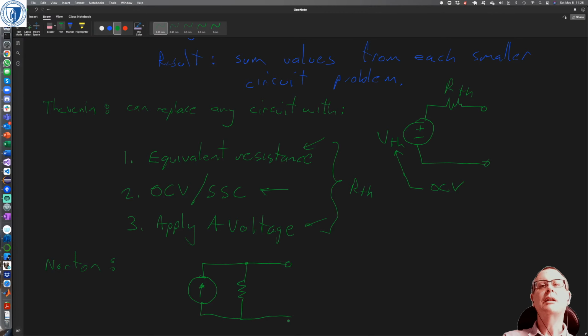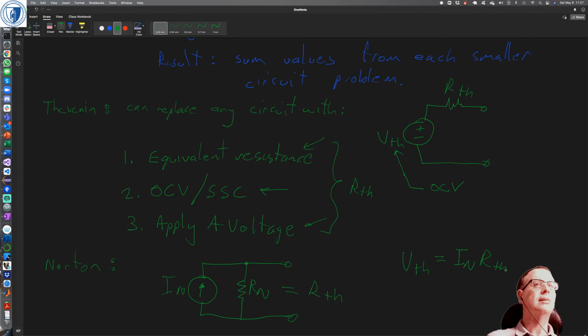Again, that could be an impedance. And the nice thing about the Norton resistance is it's equal to the Thevenin resistance, and the nice thing about the three of them is that the Thevenin voltage is equal to the Norton current times the Thevenin or Norton resistance.